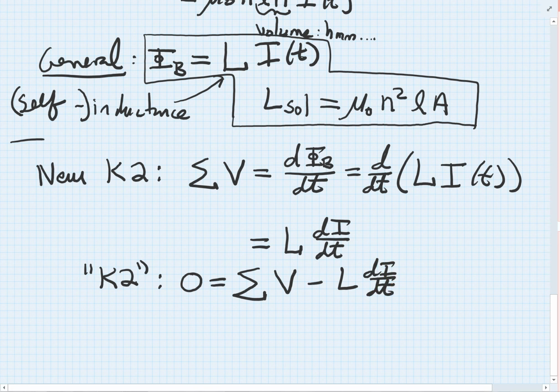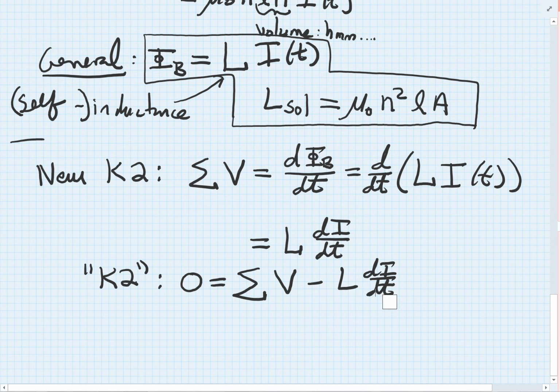And when we do things this way, you can see what we're adding up are all the normal voltage terms, Q over C, IR, etc. But then when we come to an inductor, we add another type of term, an effective voltage term. It's not a real voltage, but it's an effective voltage.